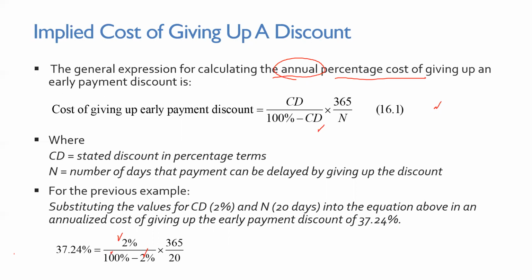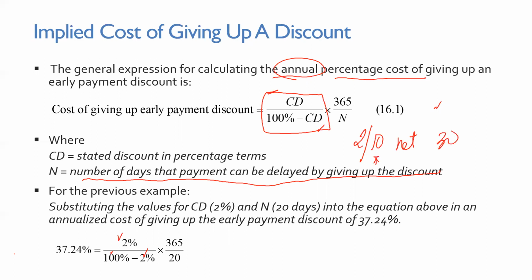So that's this portion. Okay. Times 365 over N. And N is the number of days that payment can be delayed by giving up the discount. In our case, the credit terms was 2/10 net 30. You have to pay on the 10th day, otherwise pay on the 30th day. So this period is 20 days. Okay, so that's why it's 365 divided by 20.